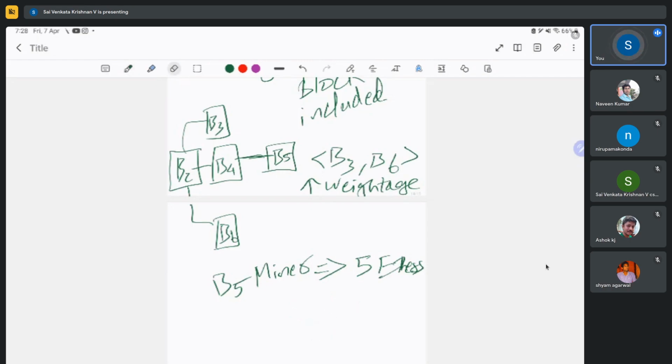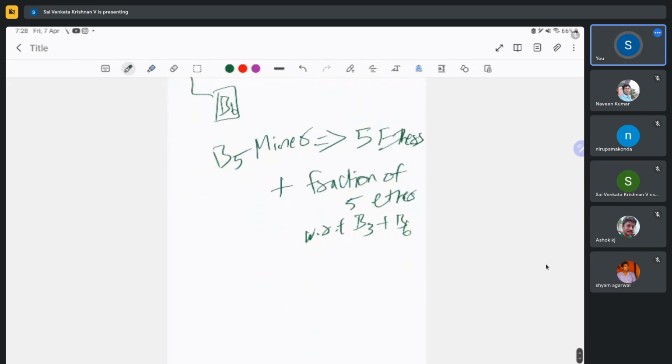So say adding a full block is 5 ethers, which means the B5 miner will get 5 ethers plus a fraction of the 5 ethers with respect to block B3 plus block B6, right? So 5 ethers plus 1 ether or so, something like that, the B5 miner would be getting, and the block B3 and B4 miners will be getting some fraction of the 5 ethers.